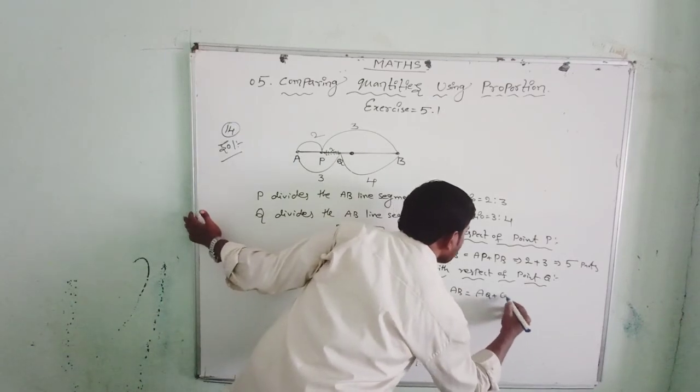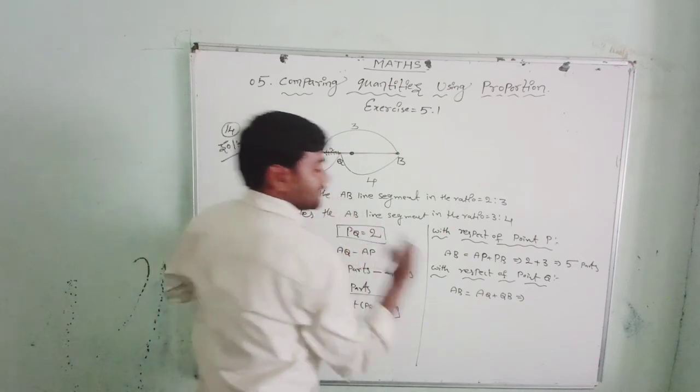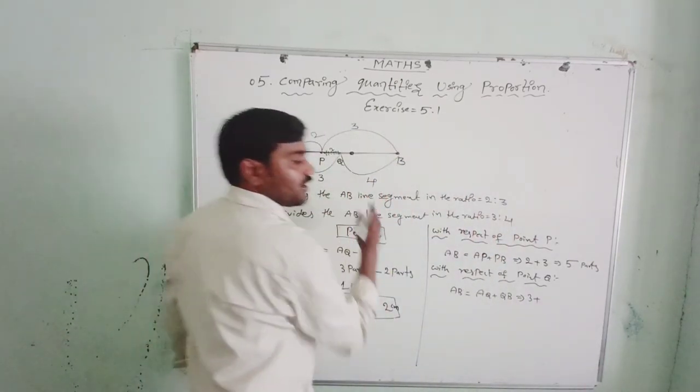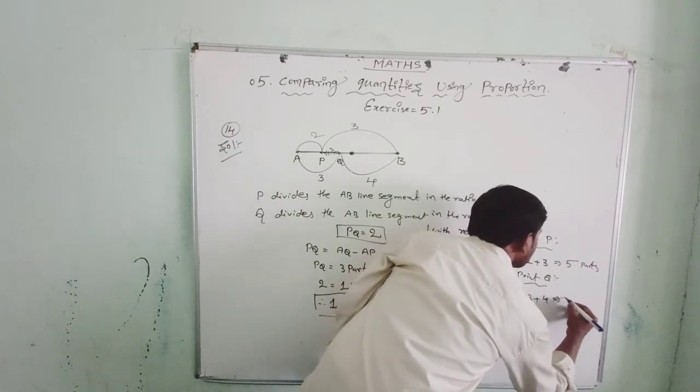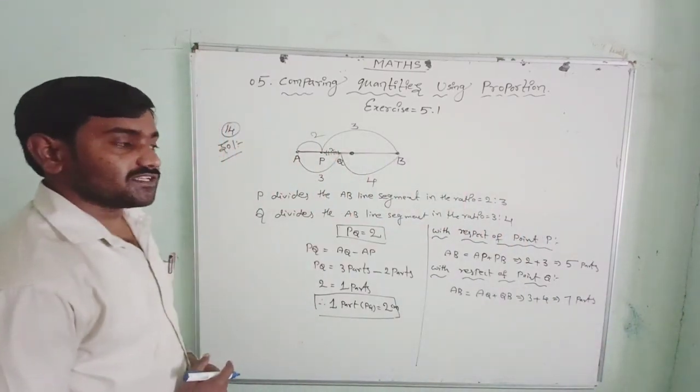AQ plus QB, where AQ, A to Q, is 3 parts, plus Q to B is 4 parts, that equals 7 parts.